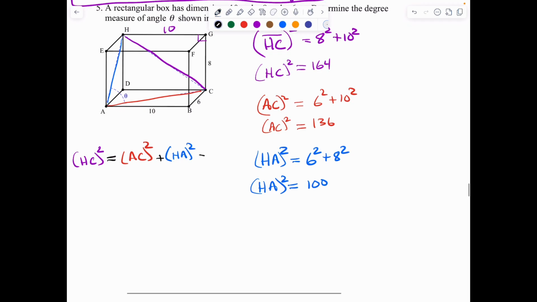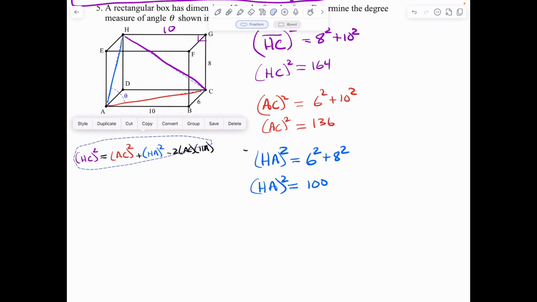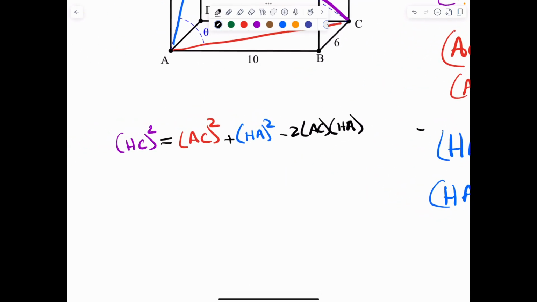Okay, well, 2 times AC times HA, times the cosine of the angle.